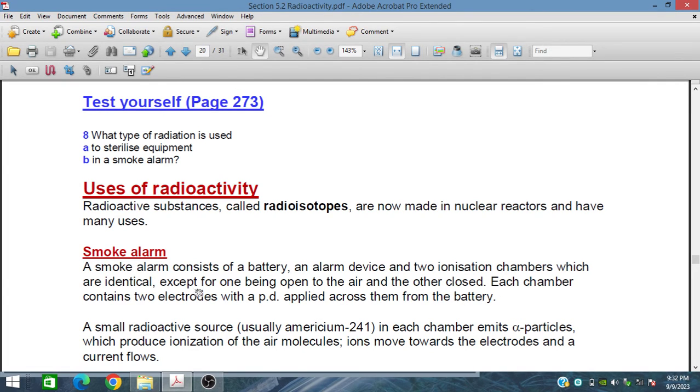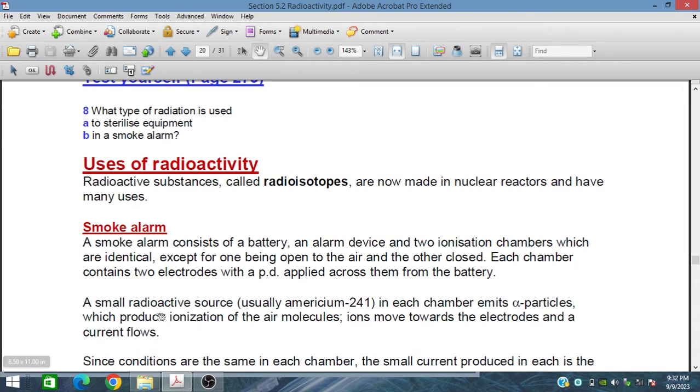A small radioactive source in each chamber emits alpha particles, in both chambers. That alpha emitter is actually Americium-241. This is a radioactive source in a very small quantity, which produces ionization of the air molecules.